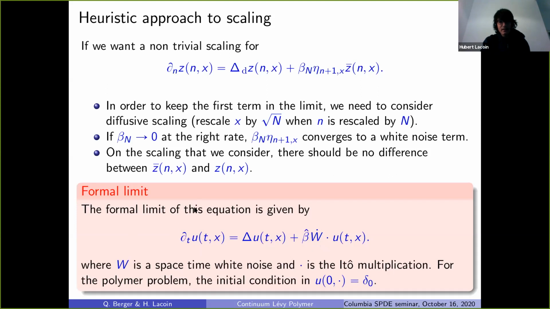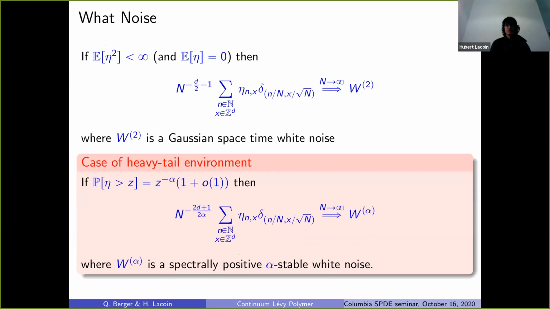Okay, and for our directed polymer problem, the initial condition you want to consider is the Dirac mass at 0. Now, I said white noise, but let me be a bit more specific.